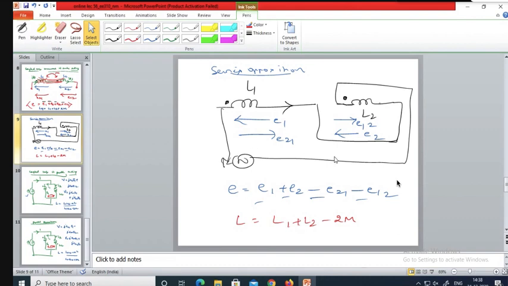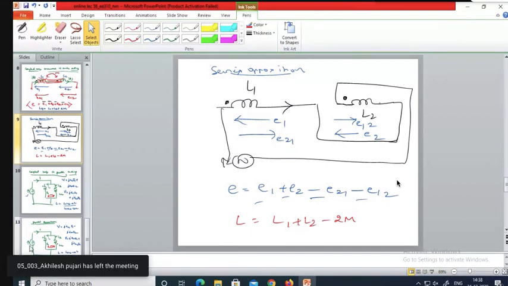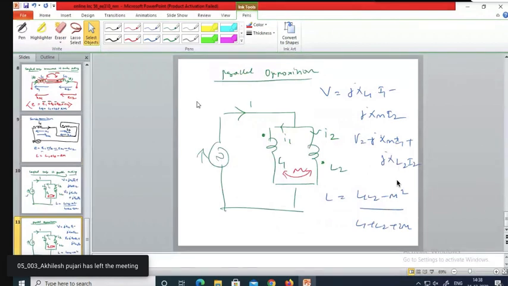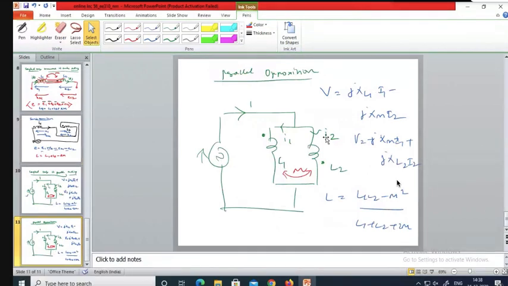E21 is the EMF induced in coil 1 due to the flux change in coil 2. Similarly, E12 is the EMF induced in coil 2 due to the flux changing in coil 1. So you can distinguish the self-induced EMF and mutually induced EMF. This is based on Faraday's laws of electromagnetic induction. Similarly, you can have connections like parallel opposition and parallel aiding.